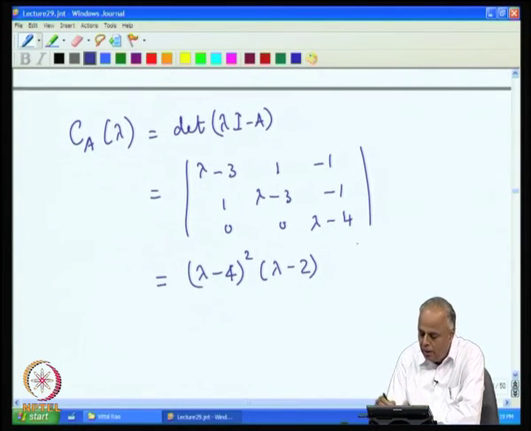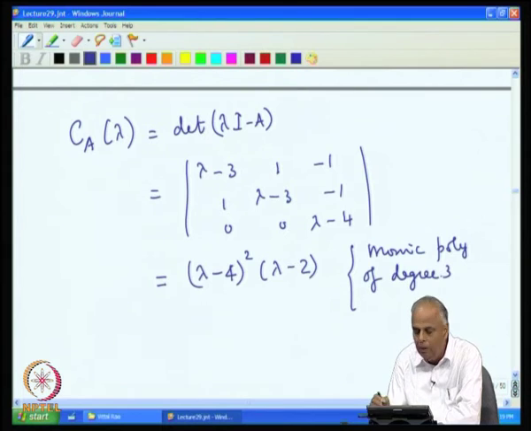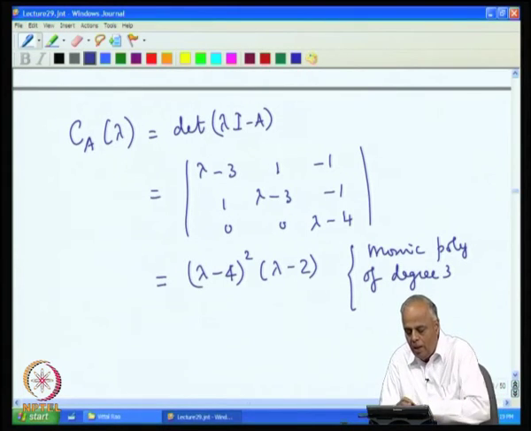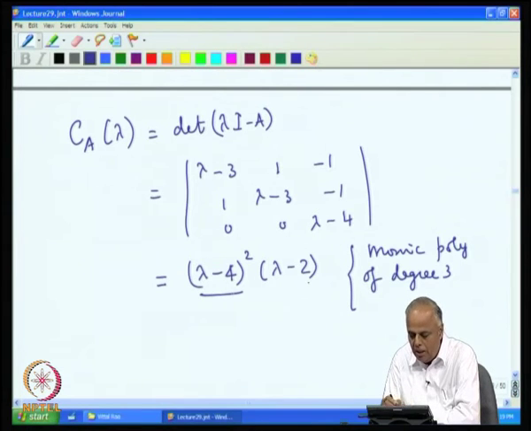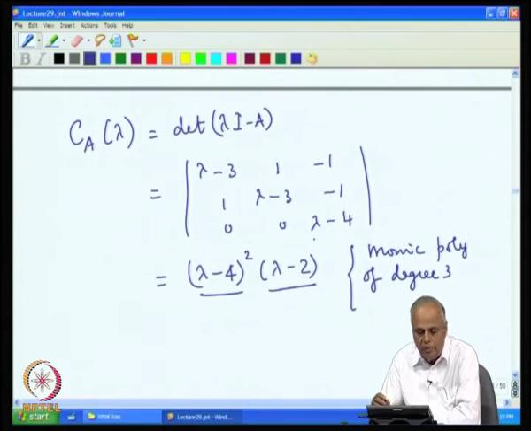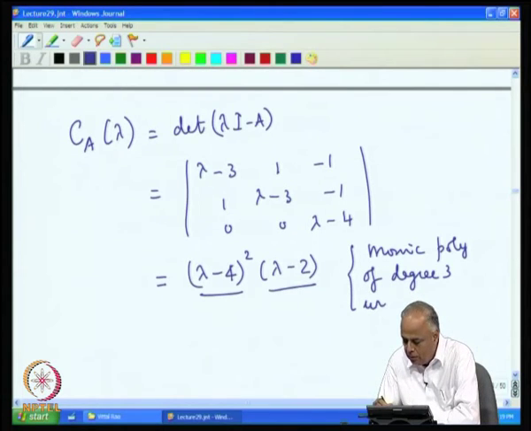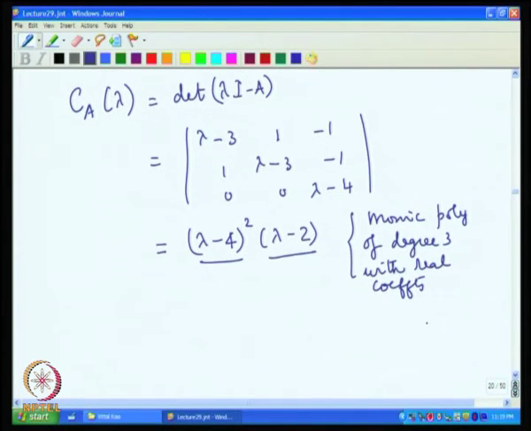So, this again is a monic polynomial of degree 3. The degree is 3 because it is a 3 by 3 matrix, and when you expand this there will be a lambda squared term in the first factor and a lambda term in the second, so the product will be lambda cubed. So, the cube term has coefficient 1. So, it is a monic polynomial of degree 3, and since all the coefficients are real, it is with real coefficients.